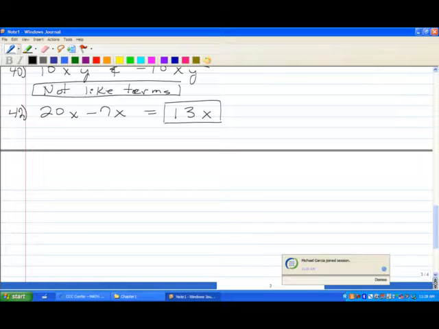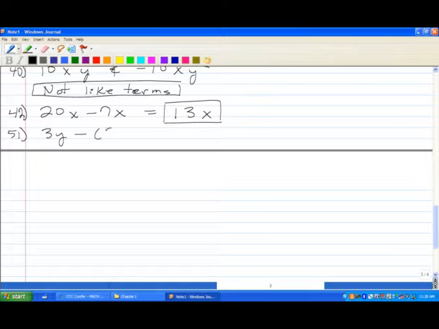Let me do problem number 51. 3y minus the quantity 2x plus 2y, minus 6x.